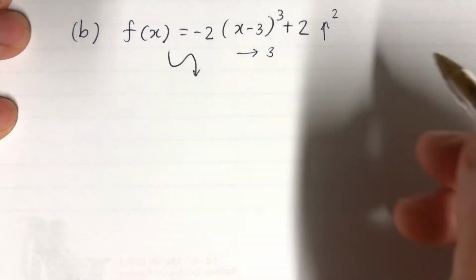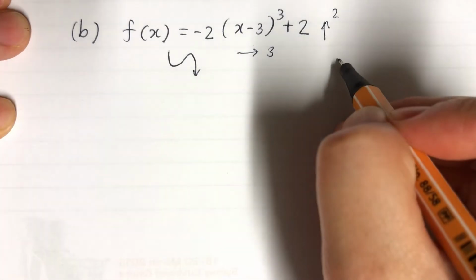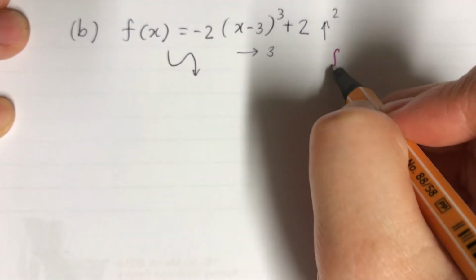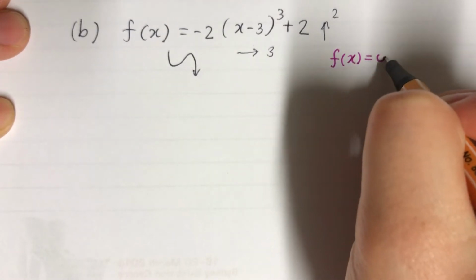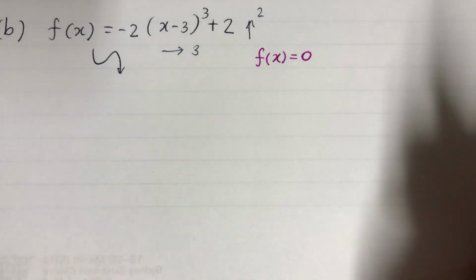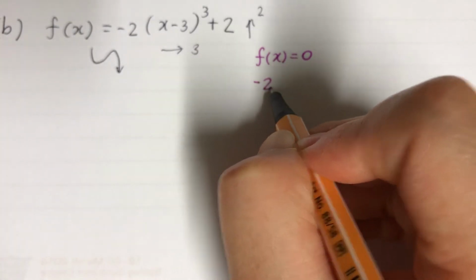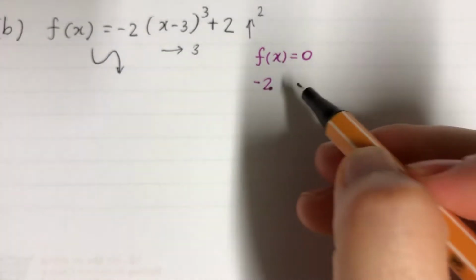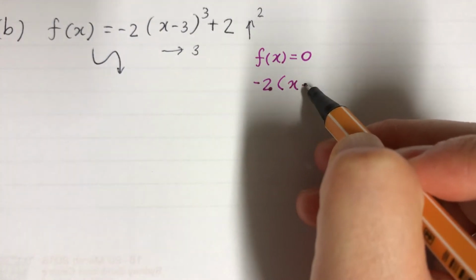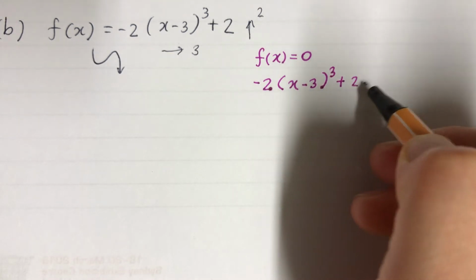Okay, so roughly, let's have a look if I can do this on this side. When f of x equals 0, which means y equals 0, yeah? So I'm going to push this on the side, and let's see, minus 2 (x minus 3) cubed plus 2 equals 0.